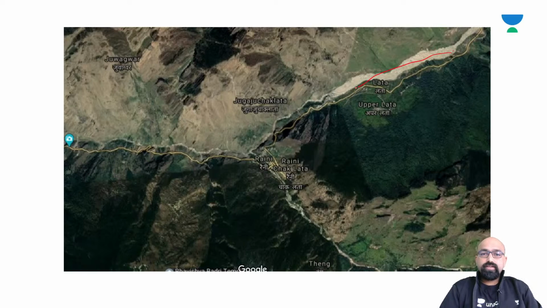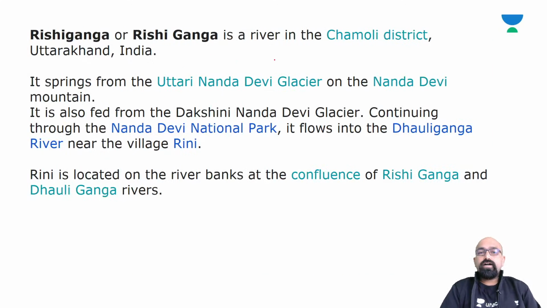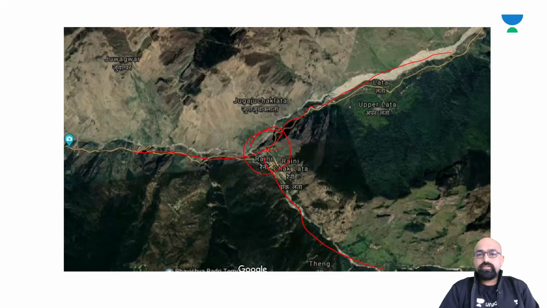See guys, this is Dholi Ganga river and this is Rishi Ganga river. So the place where they meet is Reni, right? Now Rishi Ganga is a river in the Chamoli district of Uttarakhand. It springs from the Uttari Nanda Devi Glacier.